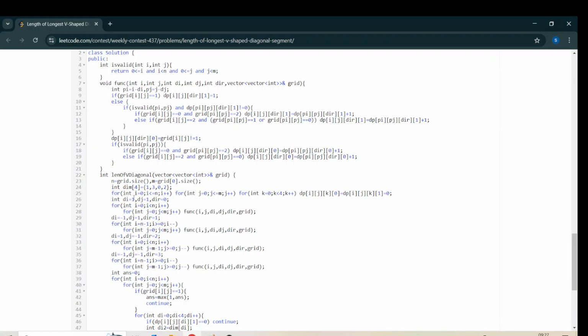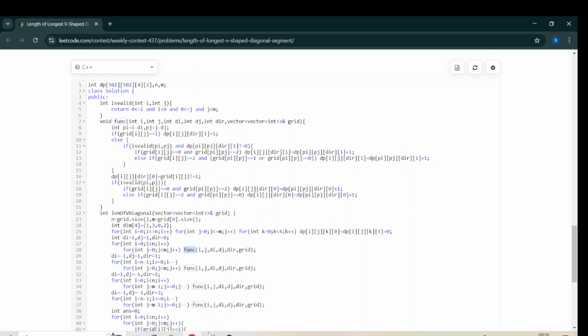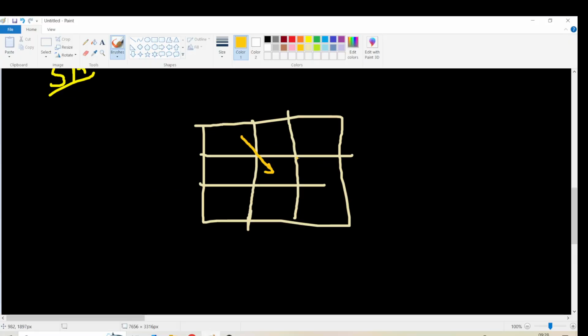So we have (1, 1) as di, dj, and we are mapping this direction as the zeroth direction. Now for each and every direction we are calling the function. What this function does is calculate the value of dp[i][j][direction], where direction could be 0, 1, 2 or 3.